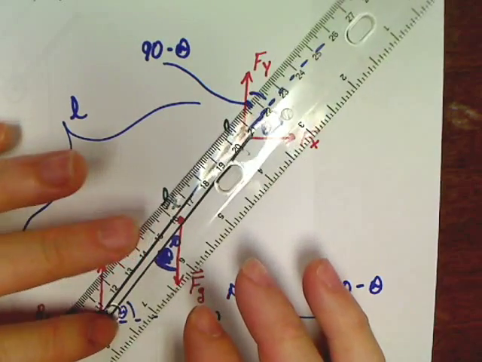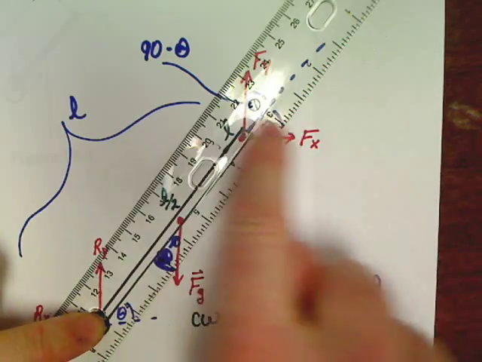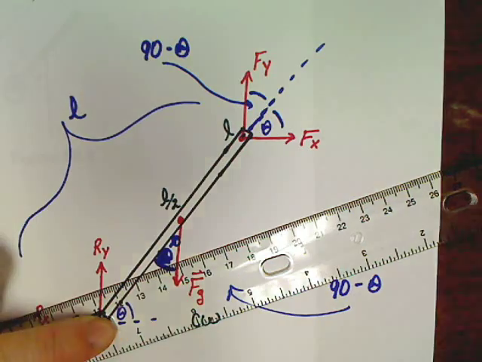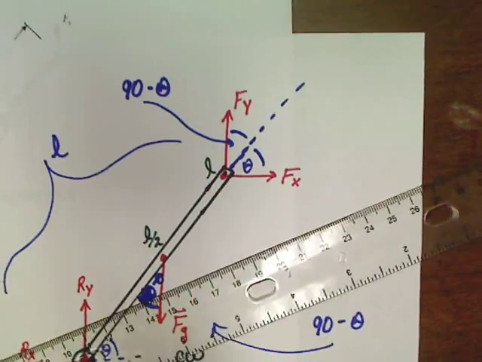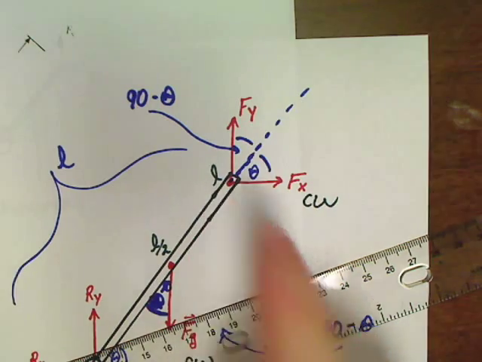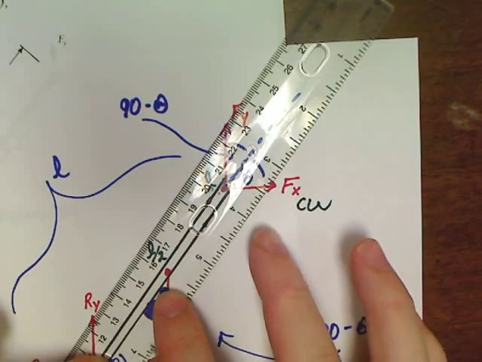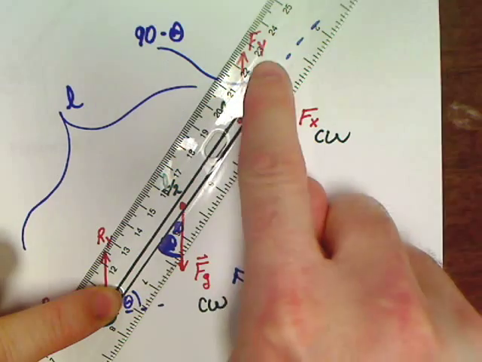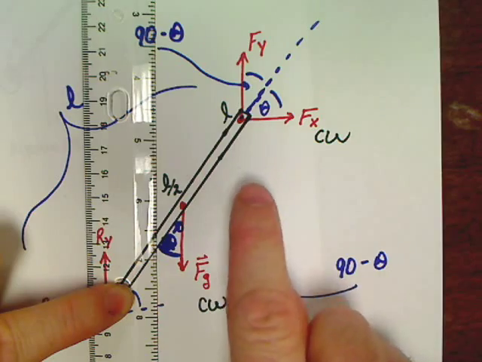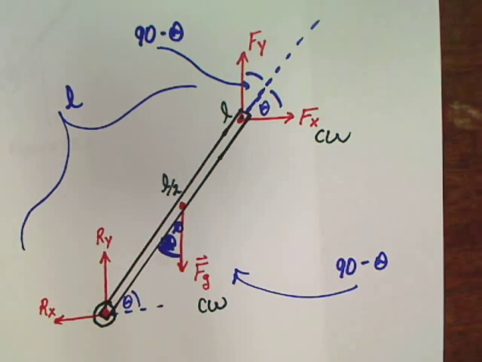Now let's go back up here. Pivot point again. FX, if we push that direction, it looks like we're also going clockwise. And now one more, that FY. So I'm going to put my finger at the pivot point, and now I'm going to push up. You can tell when I pushed up, it moved counterclockwise.